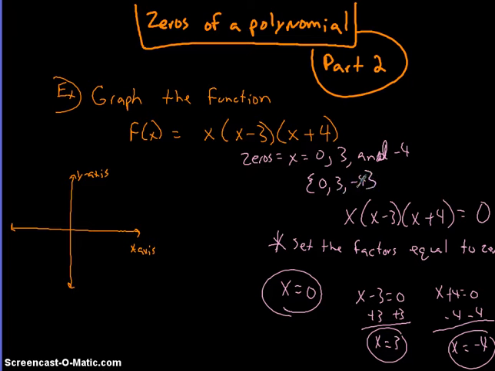That would be the set of zeros, and that symbol means set. It looks better than funny looking parentheses. But yeah, those are all the zeros. So I know the graph crosses the x-axis at 0. It crosses at 3, so 1, 2, 3. And it crosses at negative 4, 1, 2, 3, 4.